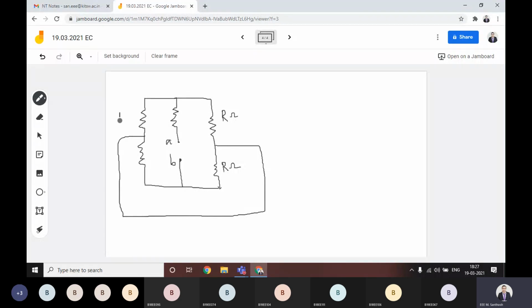This is R ohm and this one is also R ohm and this is also R ohm.